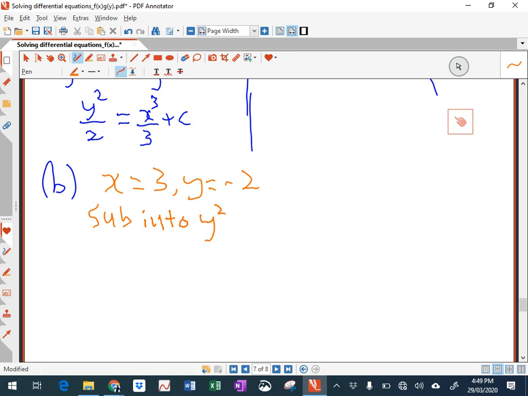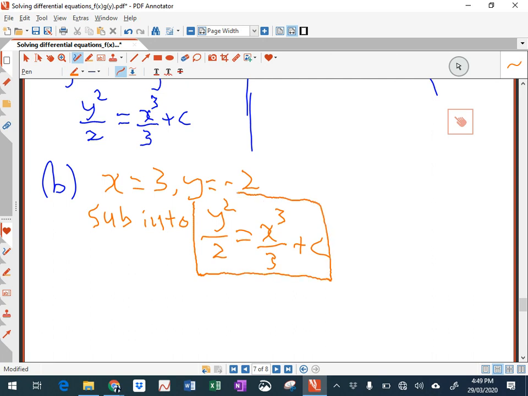No, actually, I won't do that one. I'll tell a lie. I just want to find out what c is. So I think the best equation to use to find out what c is, is this one: y squared on 2 equals x cubed on 3 plus c. It doesn't matter which equation you use, but I just think this is easier.